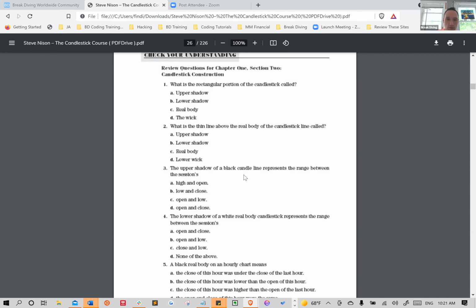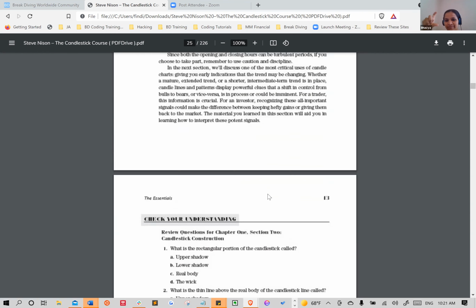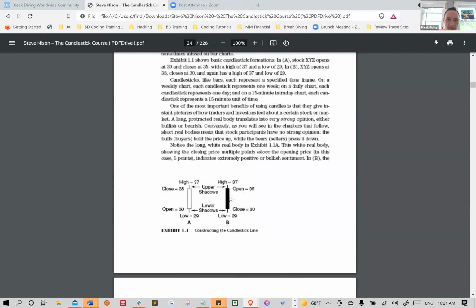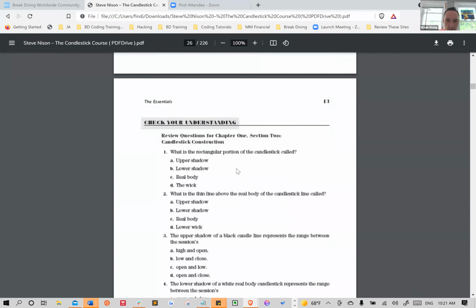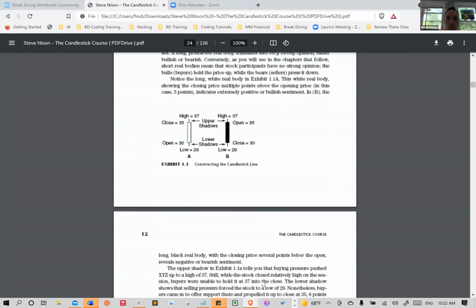So the upper shadow is between the high and the open.